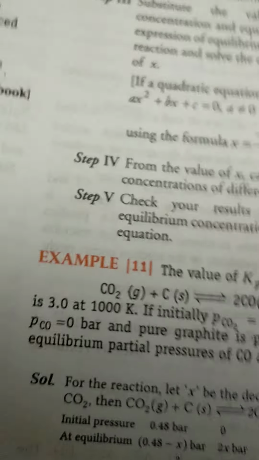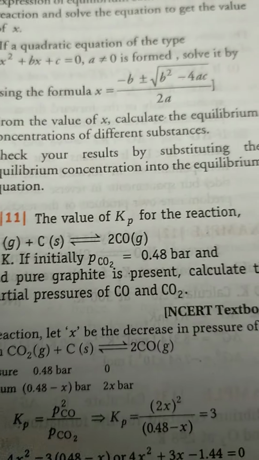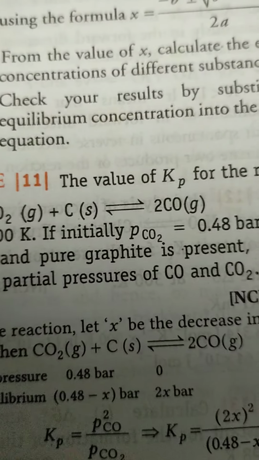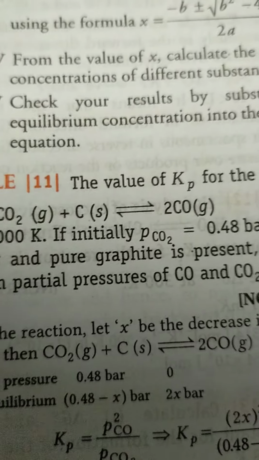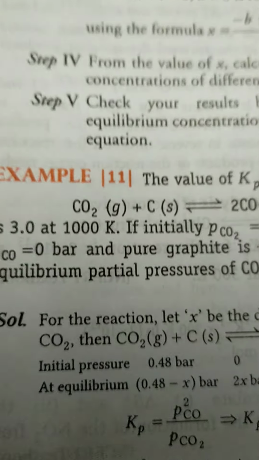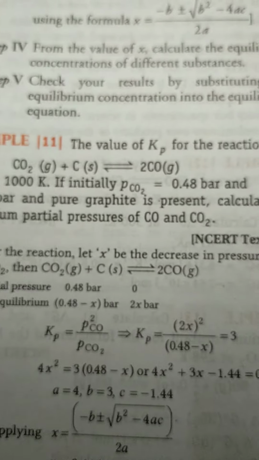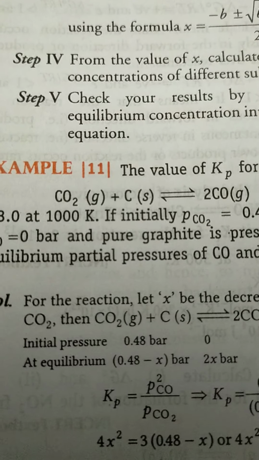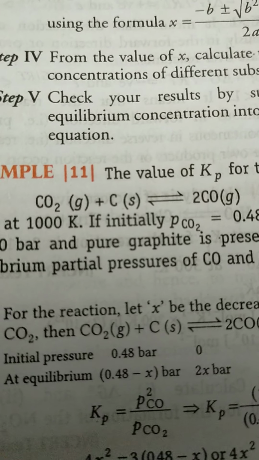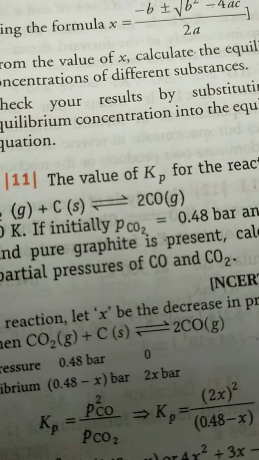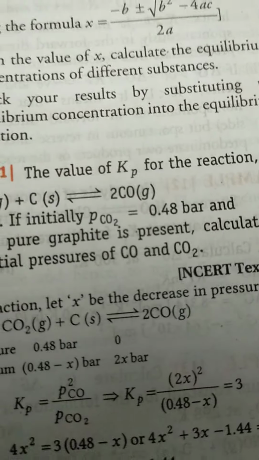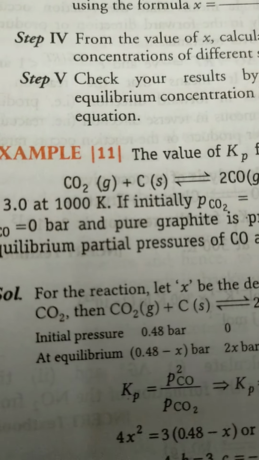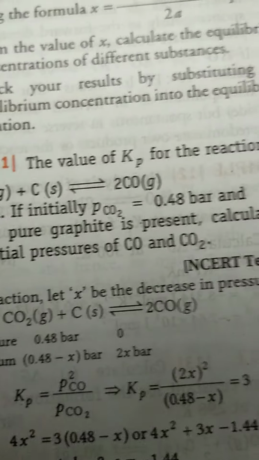In your textbook also, the value of Kp is given for the reaction CO2 plus C gives 2CO. At 1000 Kelvin, the Kp value is 3. Initially PCO2 is 0.48 bar, PCO is 0 bar, and pure graphite is present.